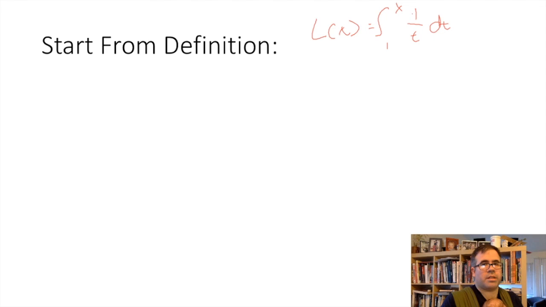What would happen if we slipped in a constant? So instead of x, we had some constant times x. Like, what can we say about that? Well, just by itself, we can't really say much. But we could take the derivative, right? And see what happens.